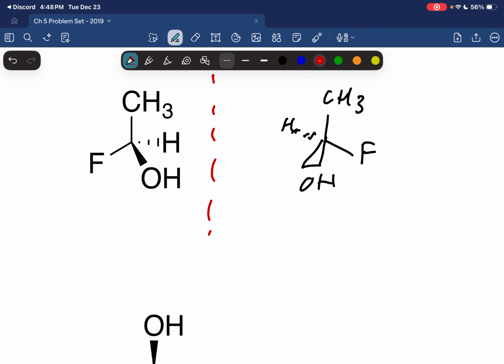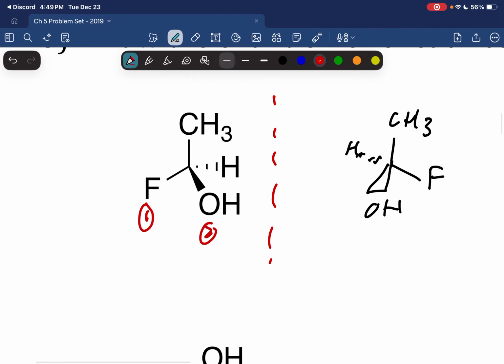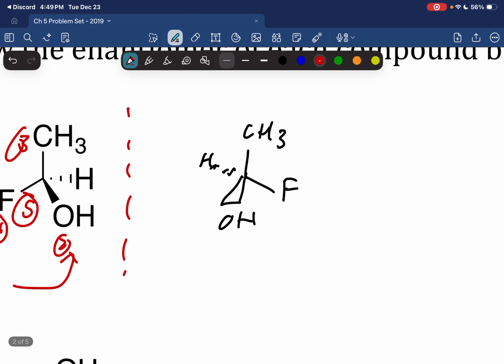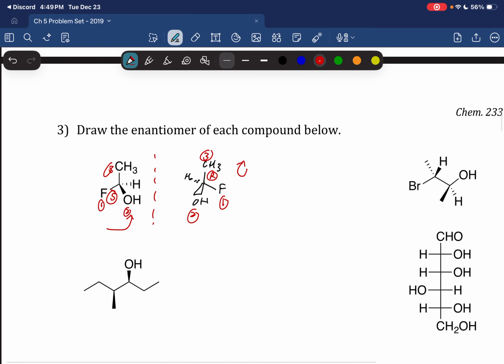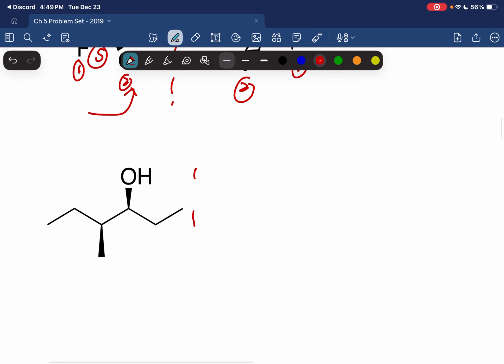Highest priority is, let me actually pull up the periodic table because yes, fluorine does have a higher atomic number, so it's actually going to be 1, 2, and then 3. And then we go this way. And this is S configuration. And then vice versa here. So we have our fluorine 1, 2, 3. So we go this way, which is our R configuration, aka meaning the enantiomer. Okay, and then moving on to the next one.